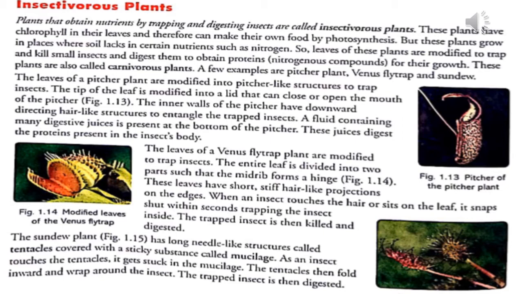And for this, the nitrogen is taken from the insect. So these plants are also called carnivorous plants. Examples of this kind of plants are Venus flytrap, you can see figure 1.1, and sundew.